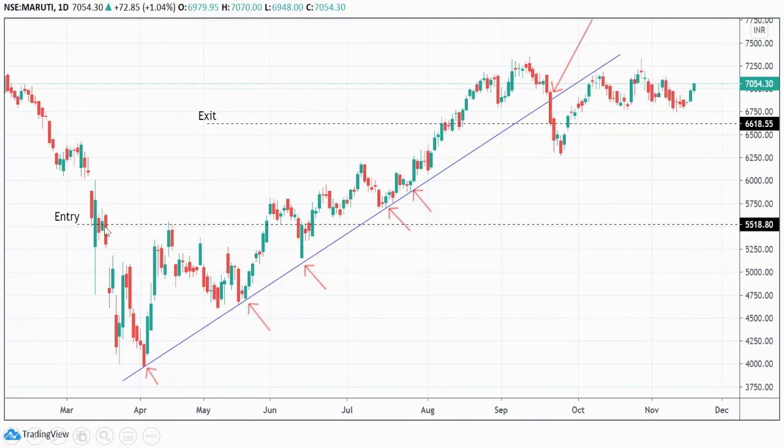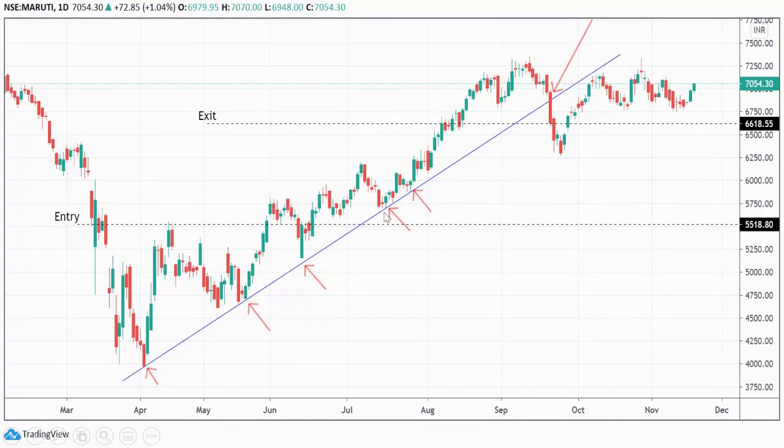So here the entry price is roughly 5500, around 5518, and your initial stop loss will be here, something around, let's say, 5100. So initially your risk is 400 rupees on this stock.